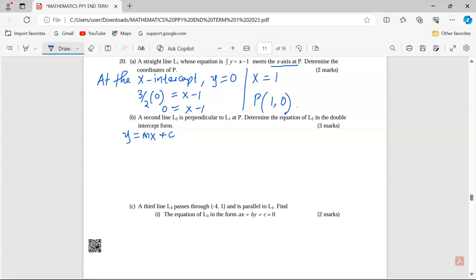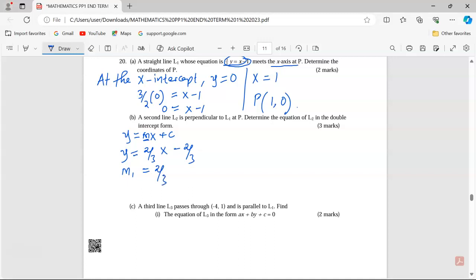So for the equation here, I'll first multiply it by 2/3 so that I remain with y equals 2/3 x minus 2/3. With the equation in this format, I can conclude that the gradient is the coefficient of x. So our gradient m1 will be equivalent to 2/3.